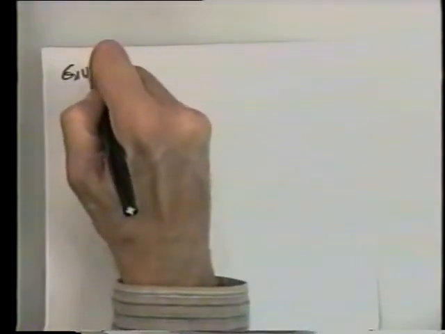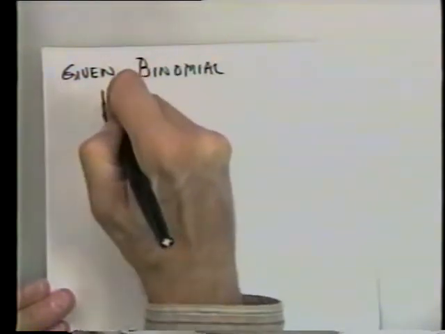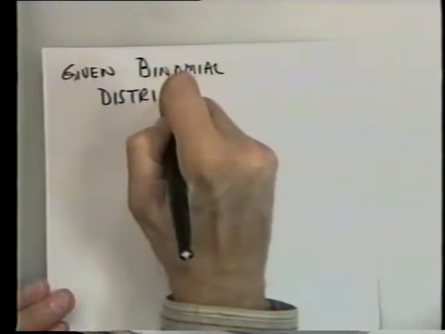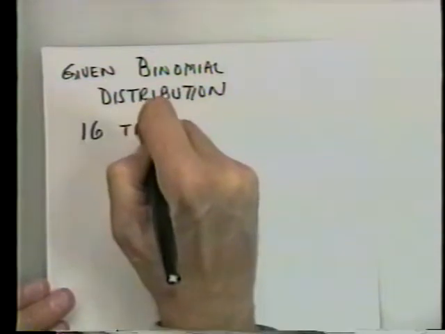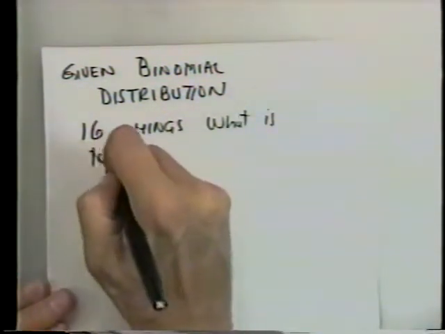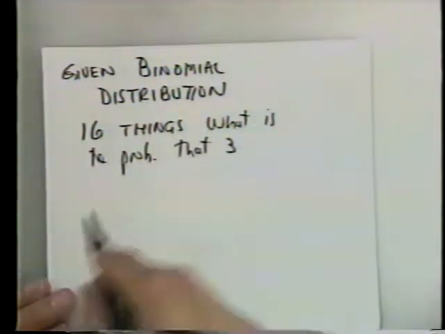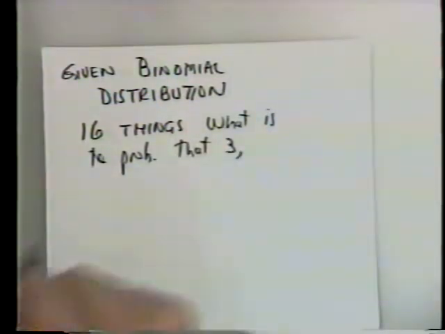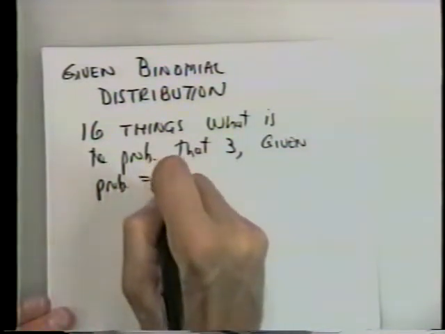So one of the things we can calculate is, given a binomial distribution of 16 things, what is the probability that 3 times out of that 16 we get something that's greater, given that each time the probability is a half?